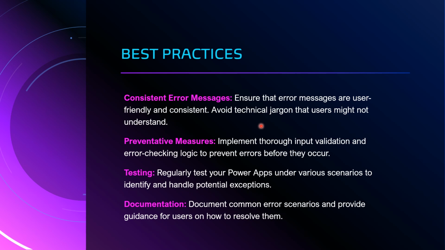Implement thorough input validation and error checking logic to prevent errors before they occur. Testing: regularly test your Power App under various scenarios to identify and handle potential exceptions. And the last one is documentation. Document common error scenarios and provide guidance for users on how to resolve them.